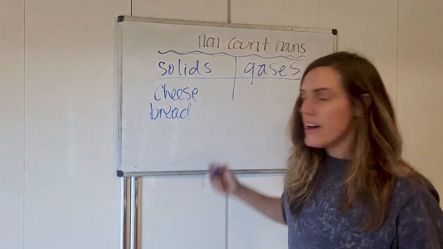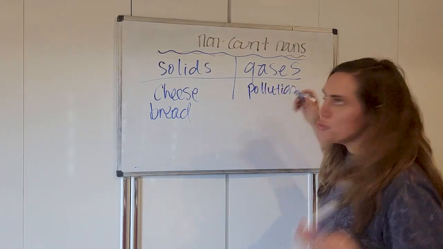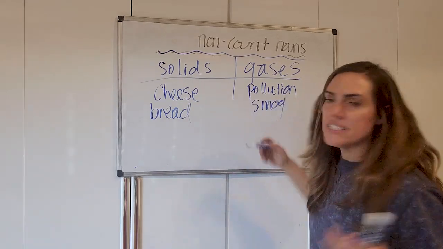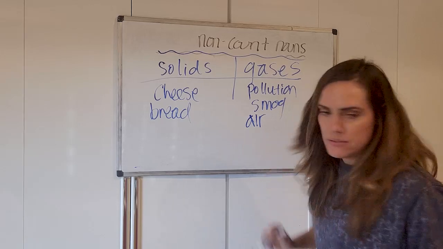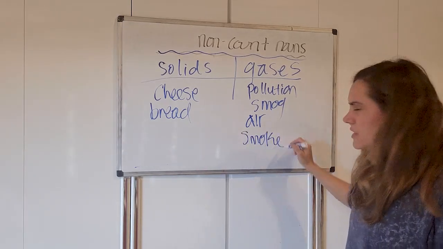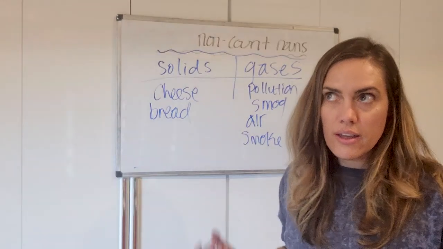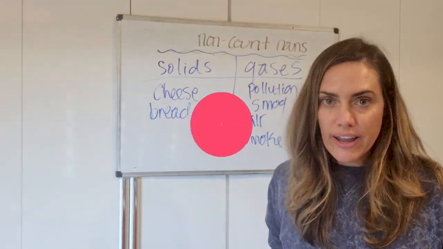Gases, things like pollution in the air. I don't know, you can say smog too. Air, smoke. These things we don't count this way. We can't make them plural, and we can't say a or an.